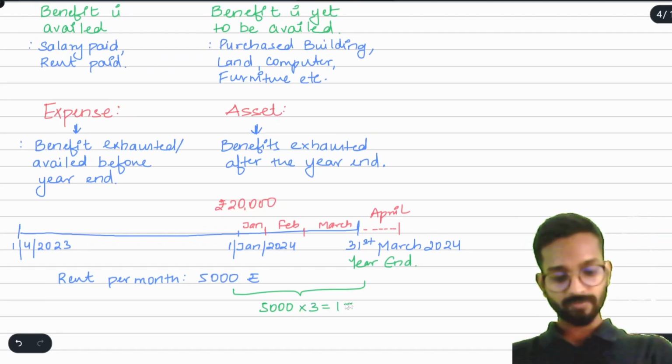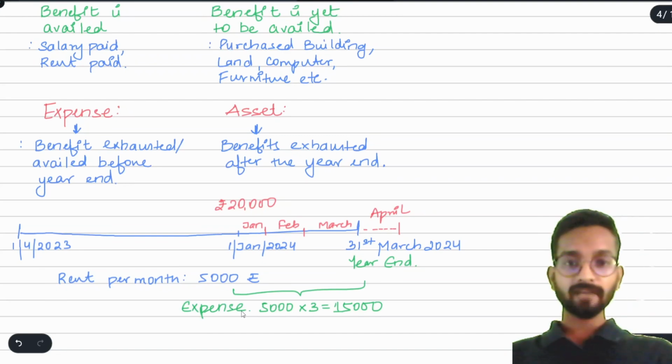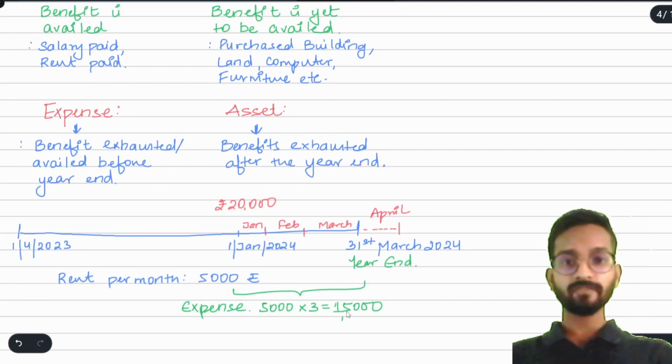You can say this 15,000 is my expense. Why is this 15,000 my expense? Because I have lived in that building for the 3 months entirely, and as on 31st March, these 3 months are completed. So I can say I have taken the benefit of that 15,000.